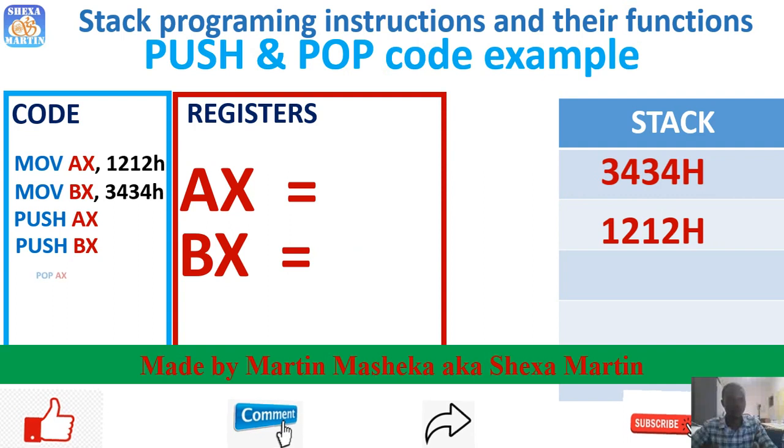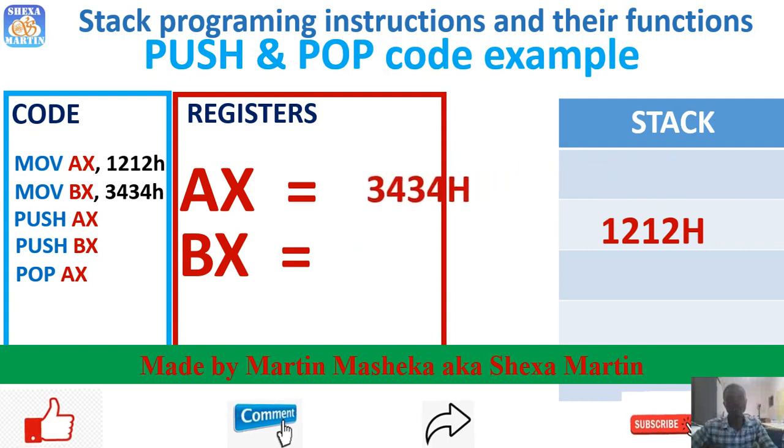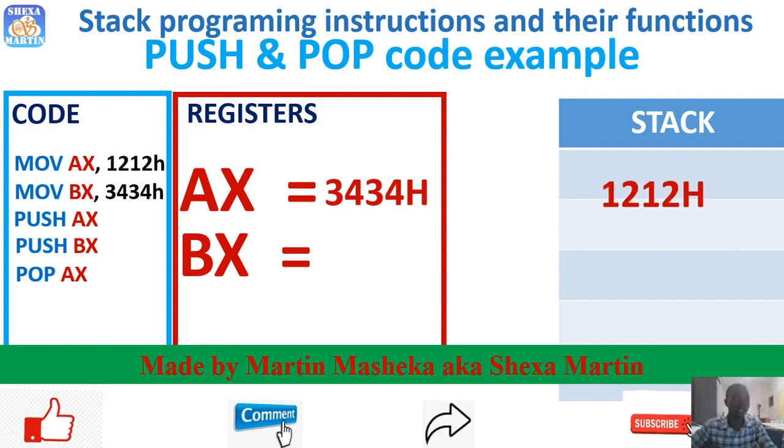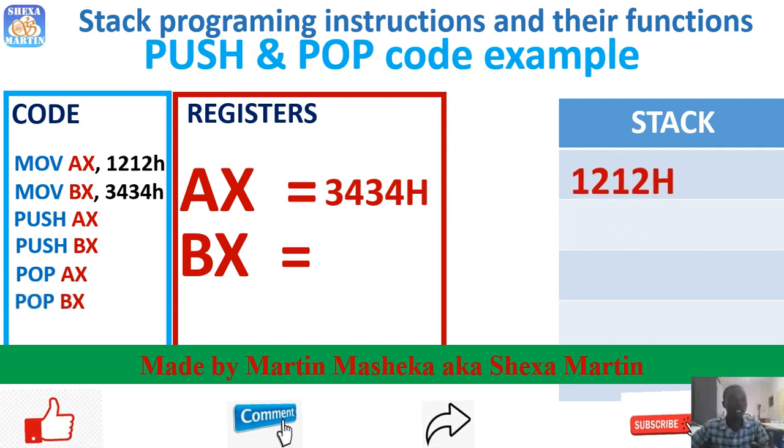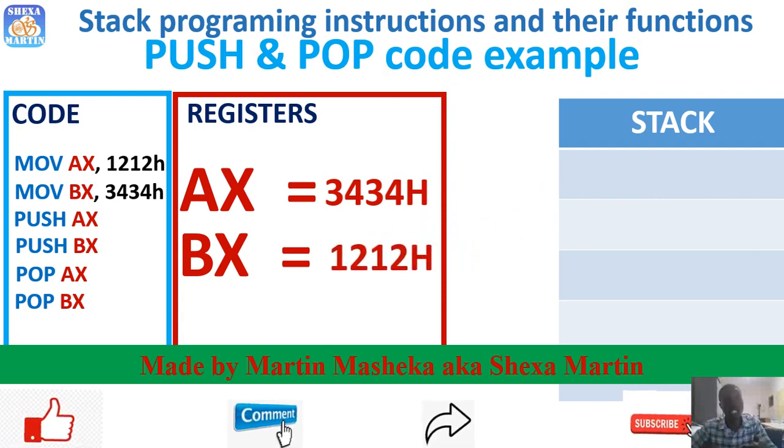We now pop the value at the top of the stack into AX. We've taken the value of BX into AX, and then 1212 goes to the top of the stack, and then we pop that value onto the BX register. Then we are done exchanging the values of these two registers using a stack.